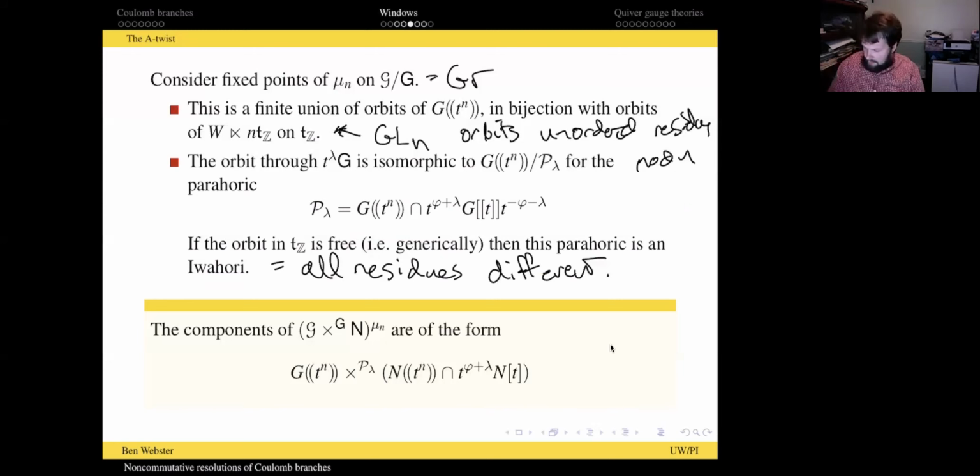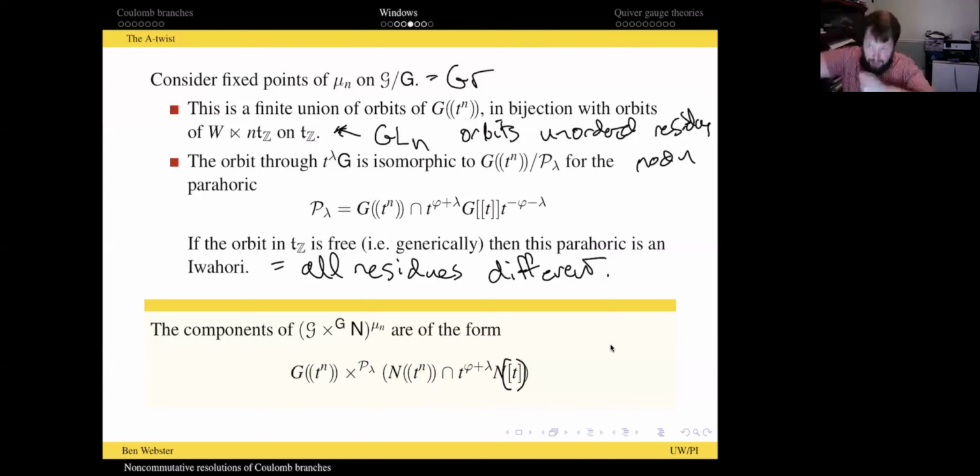All right, and over each component, so for one of these orbits of the scaled guy, I get some component of the fixed points here. This is the guy corresponding to the trivial line. And they're going to be of this form. I take my scaled loop group, I take the corresponding parahoric, and I do a similar construction with my matter. I look at Taylor series in the matter.